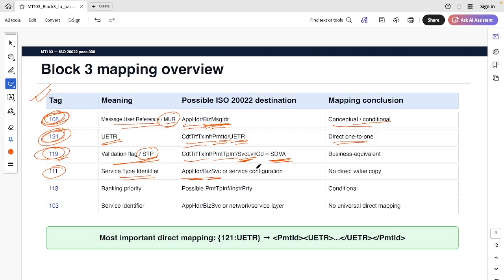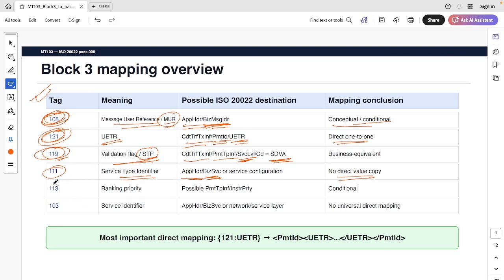It also identifies which business service the message belongs to. So the actual business service value comes from the mapping based on the applicable usage guideline, and field 111 value does not get posted directly into the business service. So it will depend upon the directives that come from the usage guideline or the market practice. So that's why there is no direct mapping of this value.